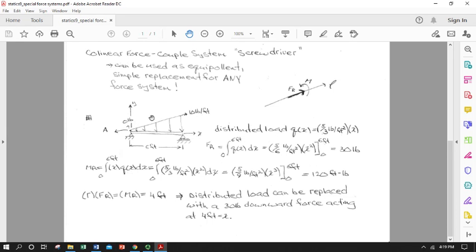If we want to get an equivalent downward force from this, all we have to do is sum this up over all the x's over which it operates. And this is where we start pulling out our integral calculus, because that's the best and easiest way to sum something up continuously over a distance.